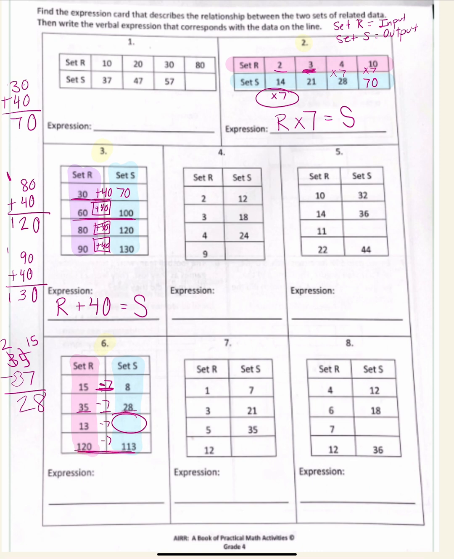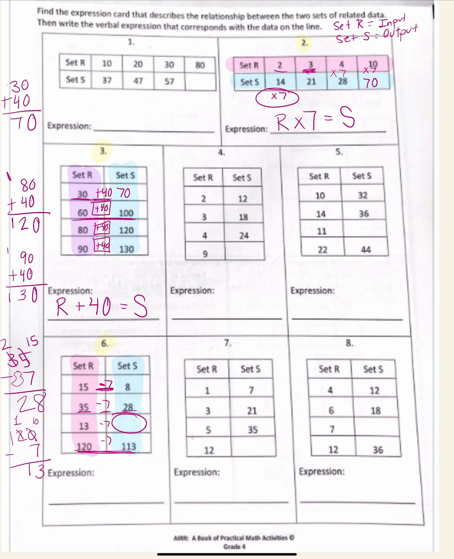Let's check this one just to make sure. So we have 120. We're taking away 7. Okay, well, 0 minus 7. Oh, I can't do that. So I come here. My 2 becomes a 1, and this 0 becomes a 10. 10 minus 7 is 3. 1 minus nothing is 1.